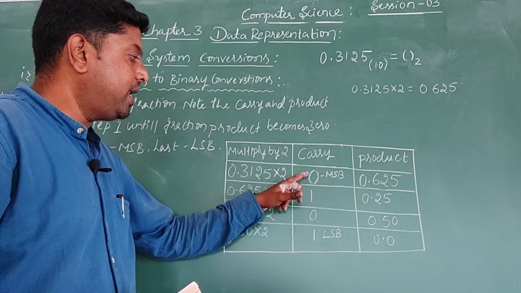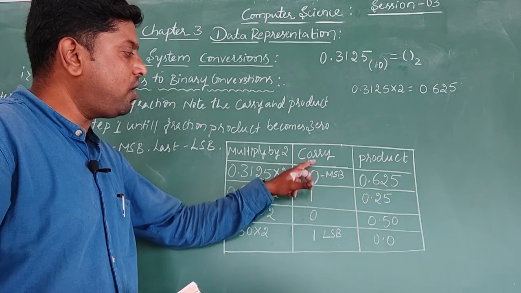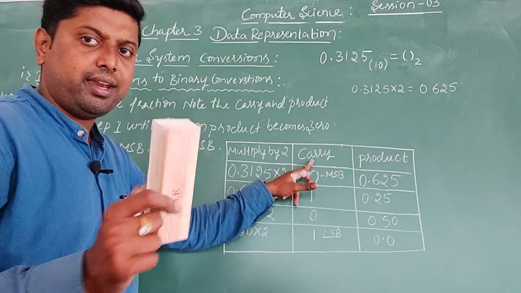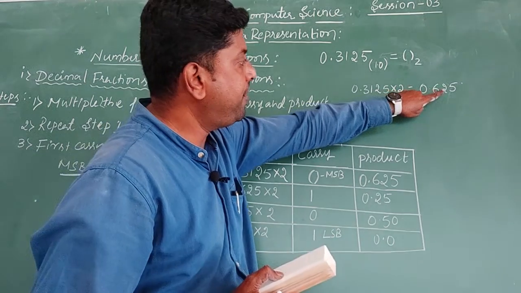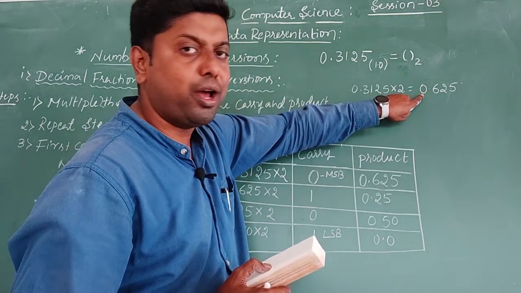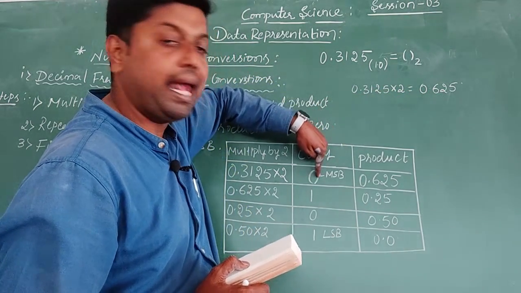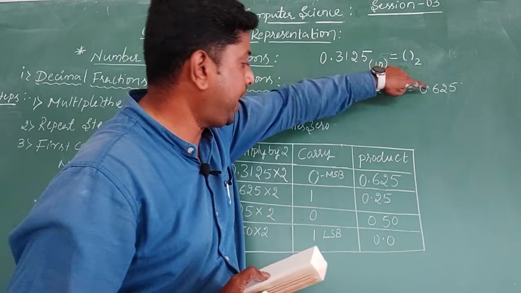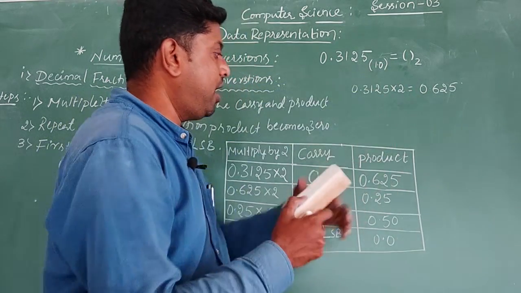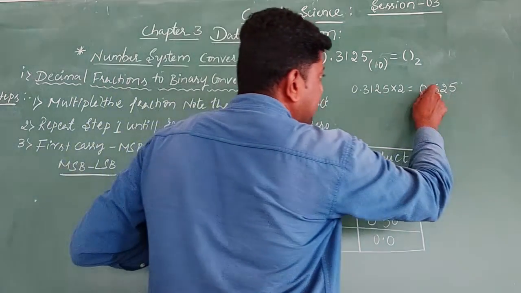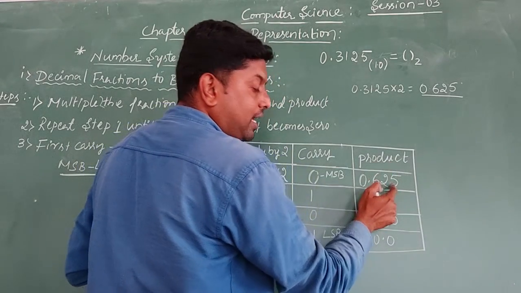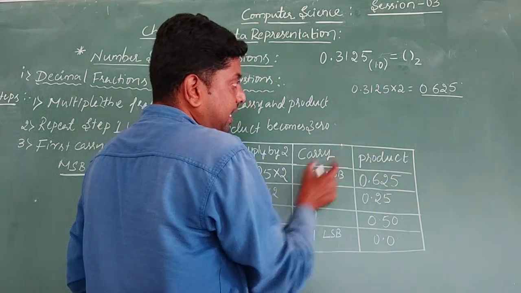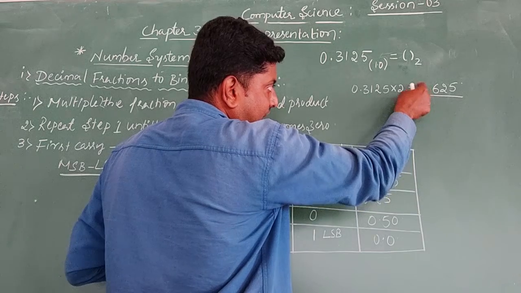See here, now I will consider 0 as the carry. Where is 0? Check the answer. Before the decimal, whatever number you get, that should be the carry. So 0, okay. Then the product, what will you get? 0.625 will be the product. I will consider the carry as the number before the decimal.